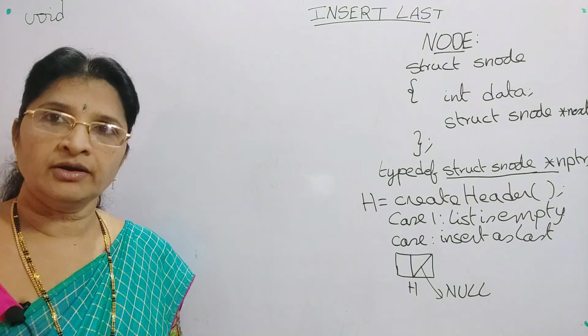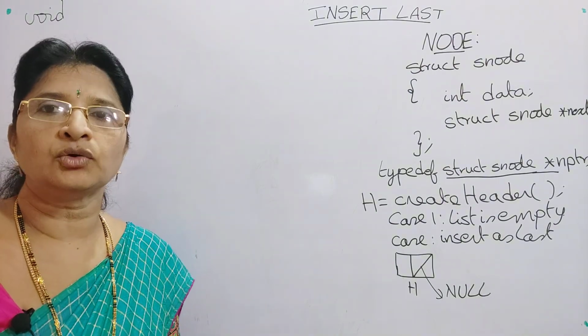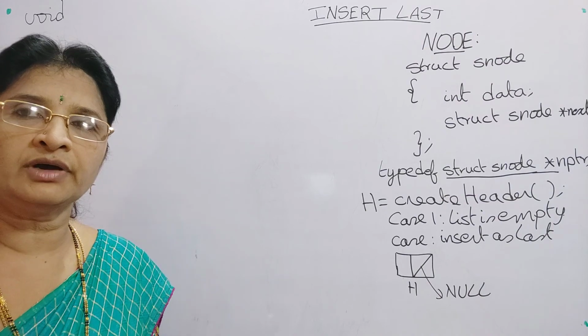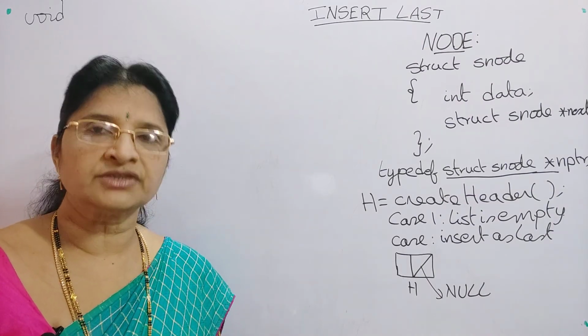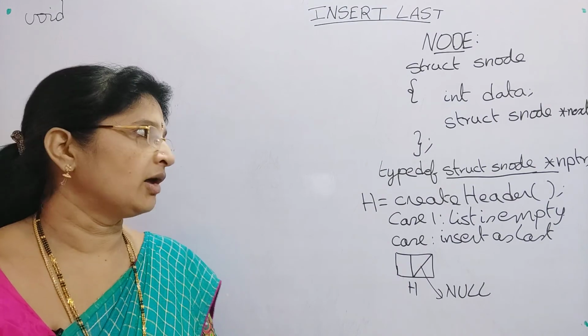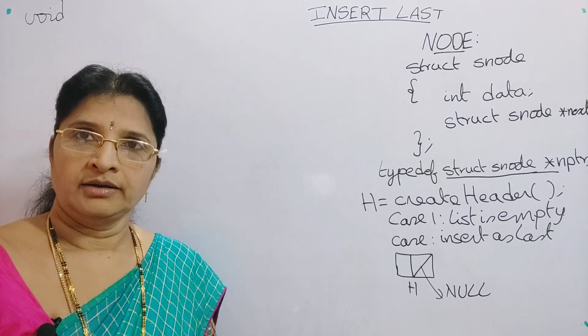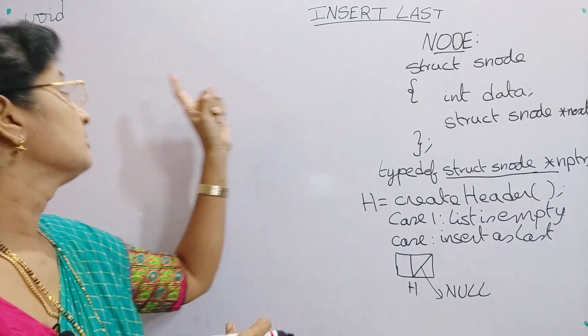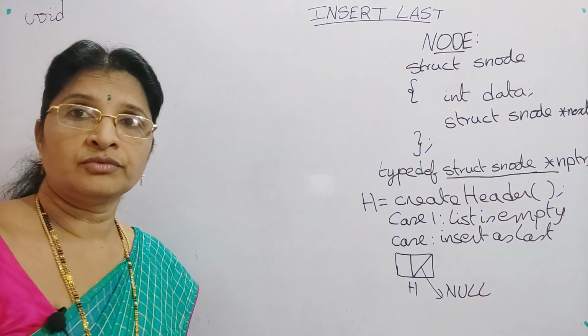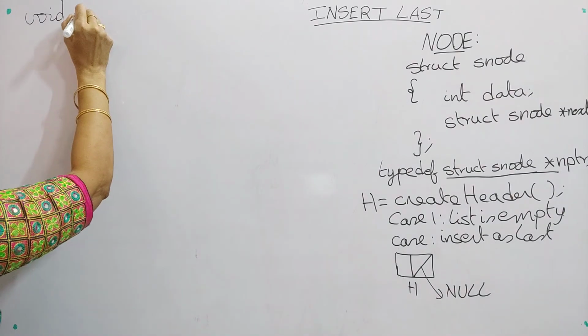The return type will be void, because it will just insert the node, and whatever updations we have done in the linked list will be passed by reference to the calling place. So the return type is void.